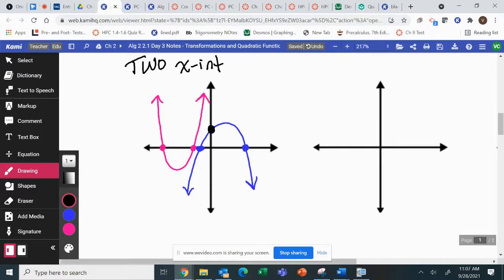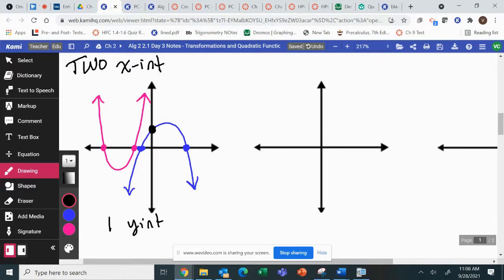What about on the pink one? It's not on my graph right now, but eventually it will get wider and wider and pass through that y-axis. So one y-intercept. We're not doing sideways ones.